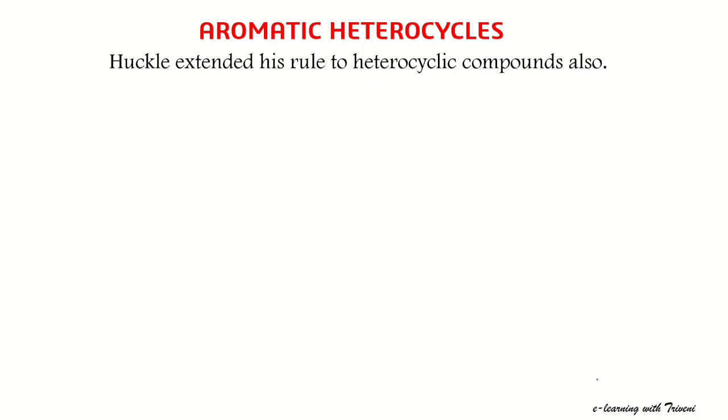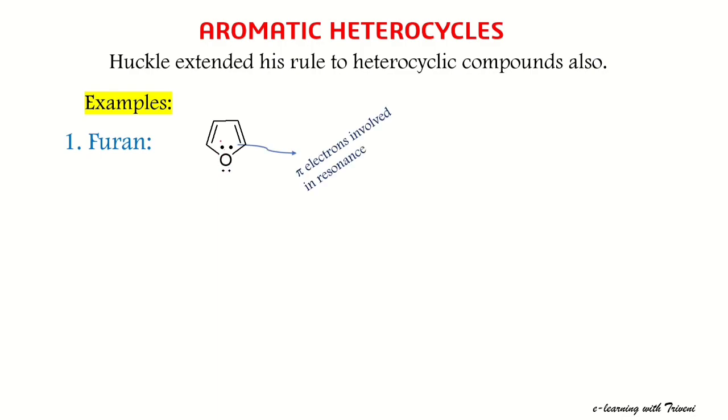And Huckel extended his rule to heterocyclic compounds also. Examples like furan. Furan is a 5-membered heterocyclic ring which contains oxygen as a heteroatom, and oxygen has 2 lone pairs of electrons. Among the 2 lone pairs, 1 pair of electrons is involved in the resonance.